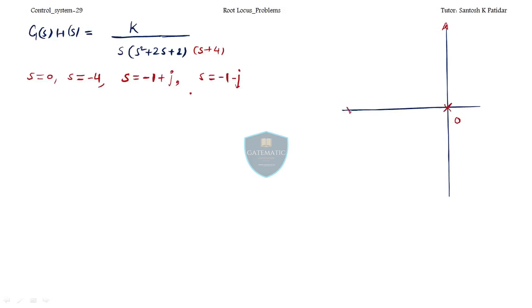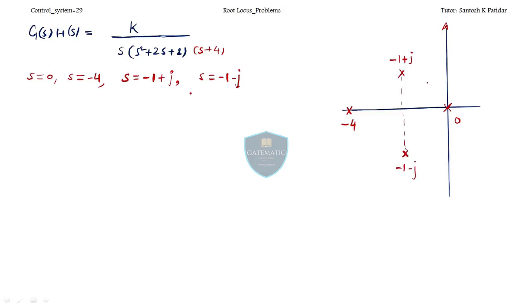The second one is over here, I'll draw because these are related to the real axis, so -4. Let's take -1 plus j, and the conjugate of this is -1 minus j. So these are the 4 poles.